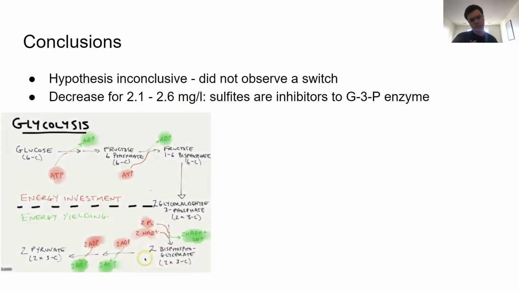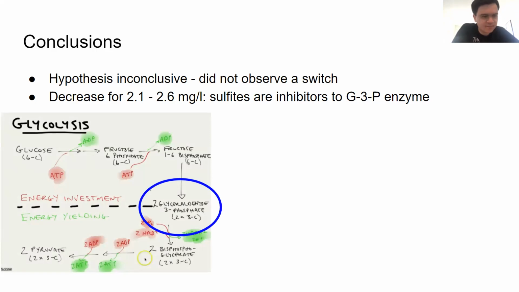Indeed, studies have shown that the presence of sulfites inhibits the function of the glyceraldehyde 3-phosphate dehydrogenase enzyme. This enzyme is responsible for the breakdown of glyceraldehyde 3-phosphate, an organic carbon molecule whose decomposition is on the path of glycolysis leading to ATP production.